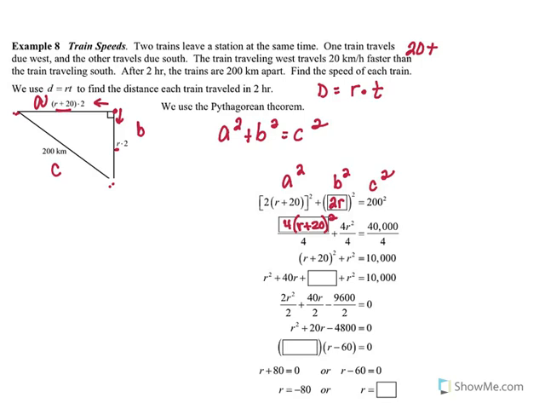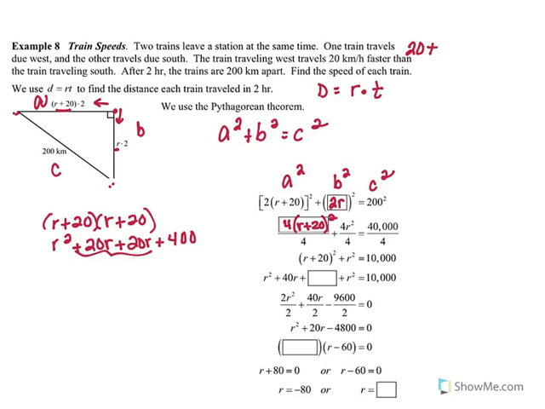So it's getting a little bit easier for us. On the left-hand side, I'm going to take r plus 20 times itself. So (r plus 20) times (r plus 20). That gives us r squared when we're distributing, plus 20r plus 20r plus 400.